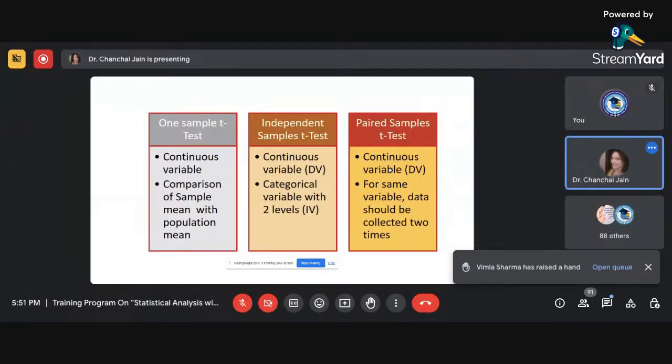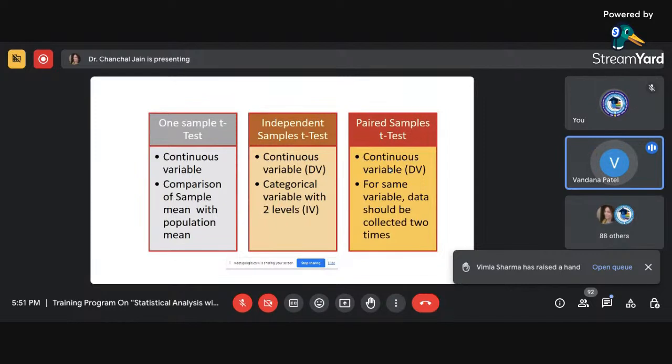Ma'am, suppose it is an interventional study and we have 2 groups. We give one kind of medicine to one group and another kind of medicine to the other group, and the outcome measure is swelling reduction in a particular condition. We measure the swelling prior to the treatment and then after 20 days of the treatment program in the first group, and the same in the second group.